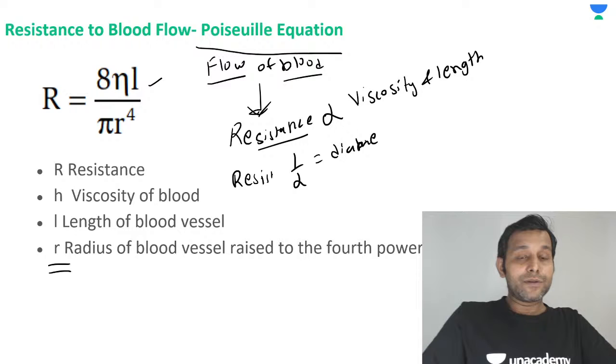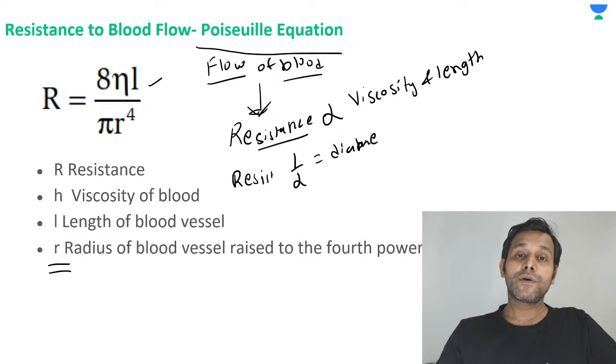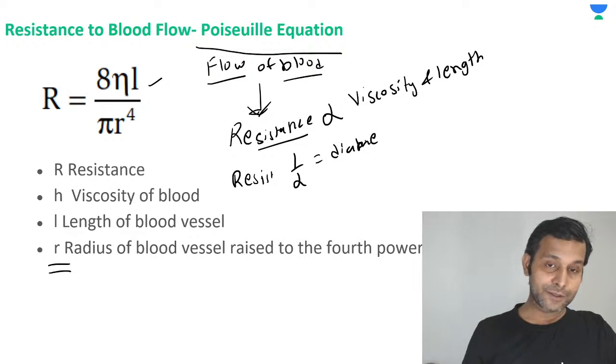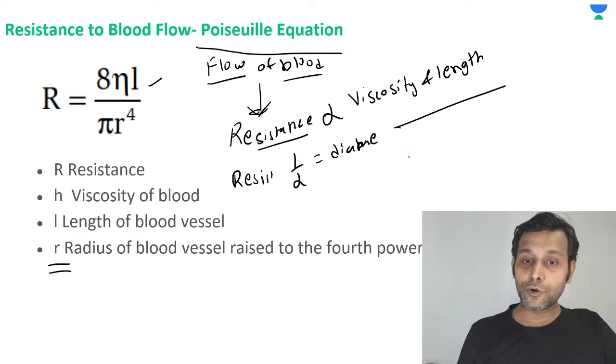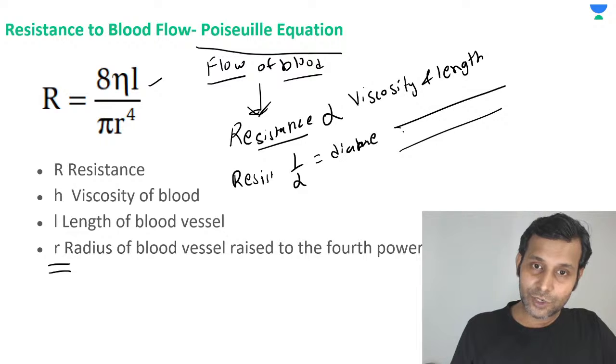The resistance in the capillaries is reduced because of the single cell flow of RBCs in the capillaries. When the RBCs flow through capillaries, they bend. Instead of having a complete spherical shape, the RBCs bend and become slightly oval shaped.